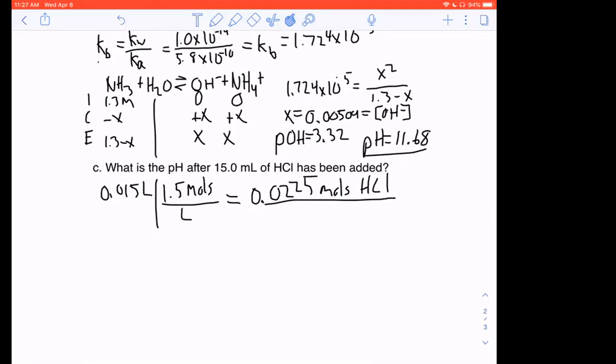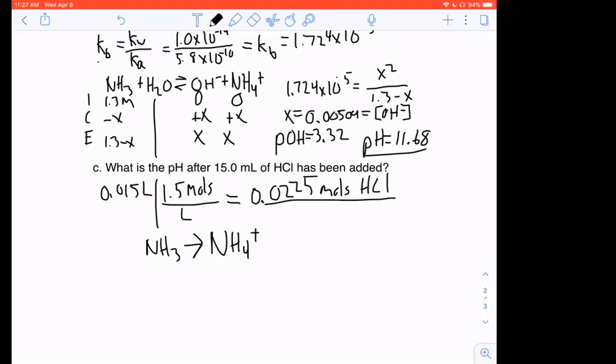There are a lot of ways of doing this, and this might not be the most official way, but this is just how I think about it. As we add acid, we have NH3 going to NH4 plus. It would probably be more accurate to throw in the water and the OH minus values here. However, I get confused when I look at that because it looks too much like an ICE table.